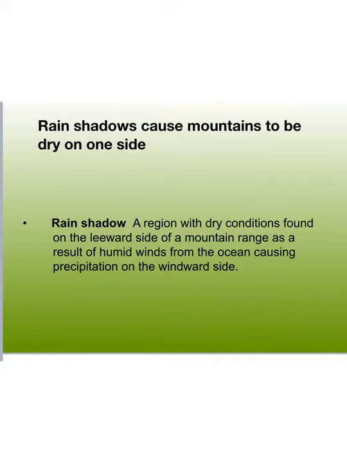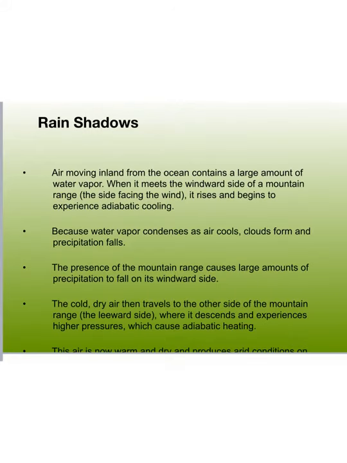All right. A rain shadow is a region with very dry conditions found on the leeward side of mountain ranges. Humid winds that come from the ocean cause a lot of precipitation on the windward side. Essentially, air moving inland from the ocean contains a large amount of water vapor, right? It's coming off the ocean.